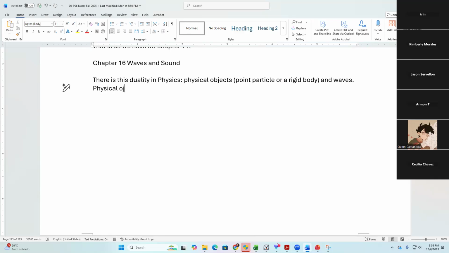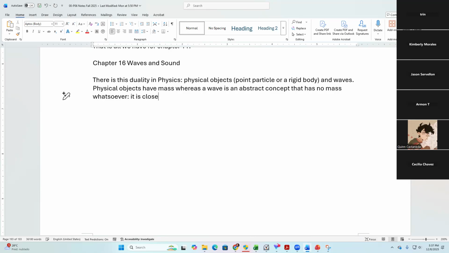Physical objects have mass, whereas a wave is an abstract concept that has no mass whatsoever.